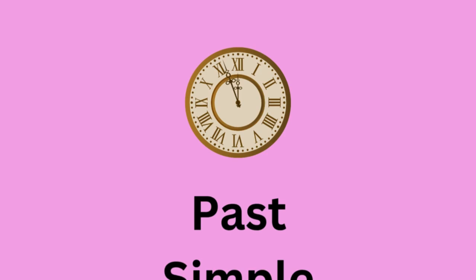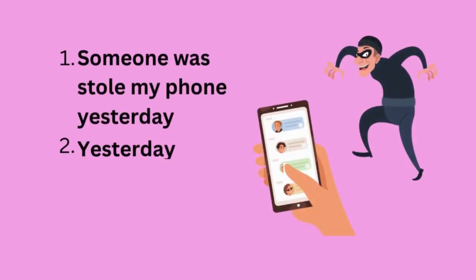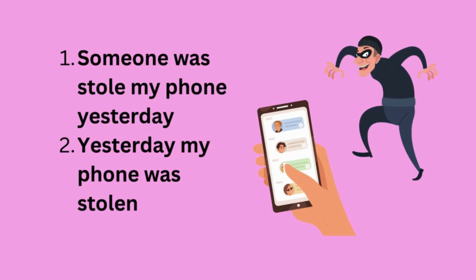Past simple. Someone stole my phone yesterday. My phone was stolen yesterday. In the first sentence, the sentence uses verb 2. And then if you see the second sentence, they use was, which is to be, and stolen, which is verb 3. So my question is, which one is the passive voice?